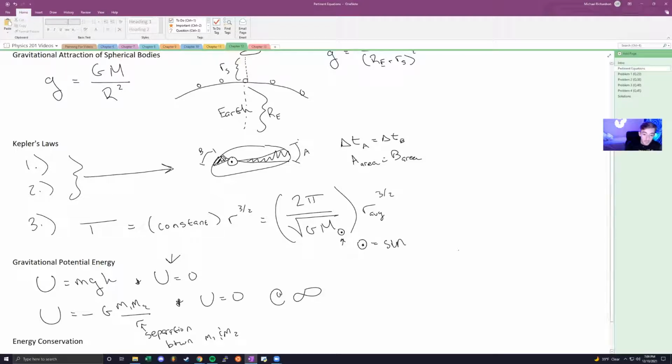So if we're considering, let's say, three of these dots, and they have some gravitational influence around each other, then we see that we'll never hit a point, even if we're all the way up here, or all the way up on my ceiling for that matter, where we don't still have some gravitational potential in our system.